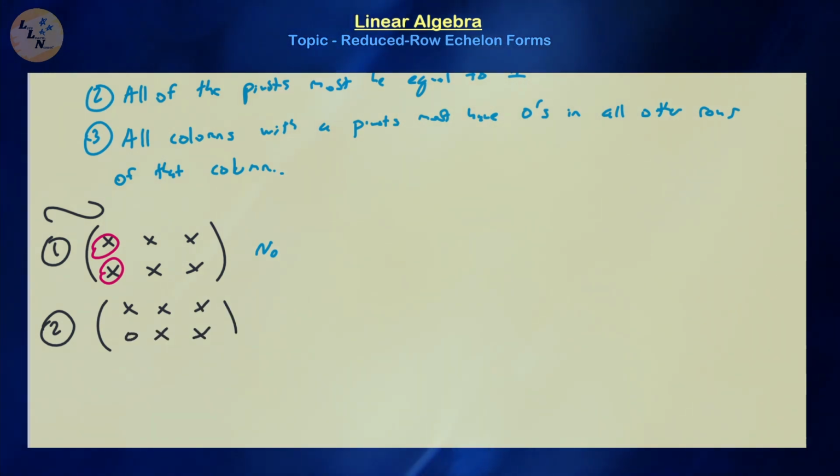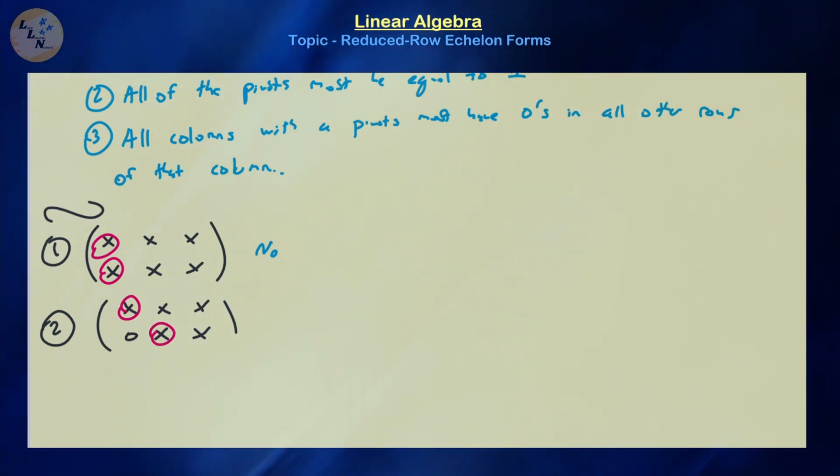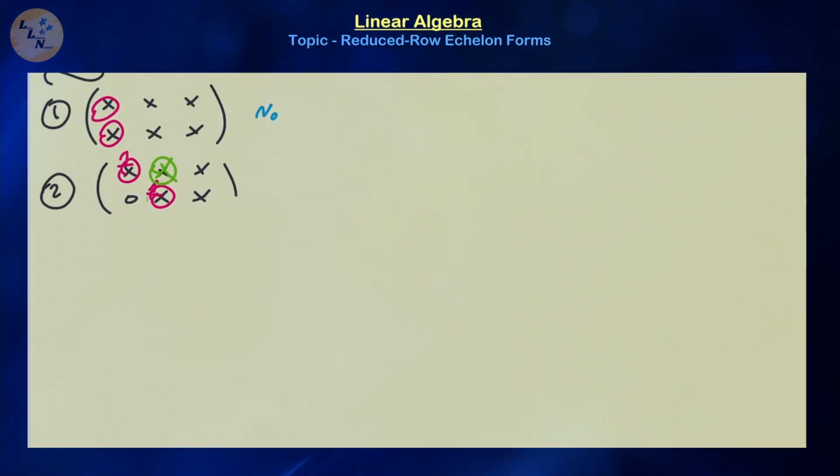Is this in reduced row echelon form? The answer is no. Because, again, this is in row echelon form, but it's not in reduced row echelon form because those must be equal to 1, and there must be a 0 located there, right? That imposes the next two requirements of reduced row echelon form. So that is, of course, no.